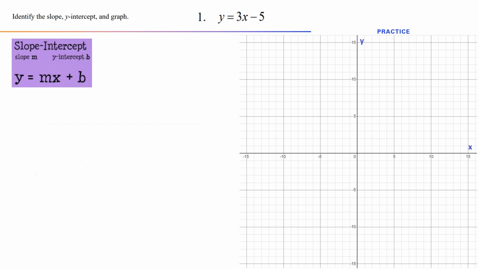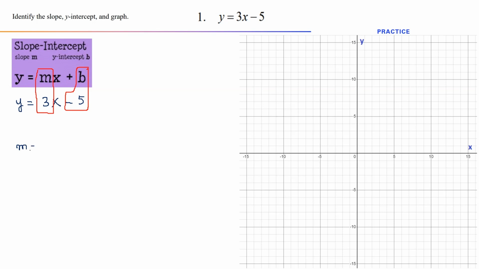So for these questions, we will redraw it one more time. It's going to be y equals 3x minus 5. So we noted that in this case, m is equal to 3 and b is equal to negative 5.